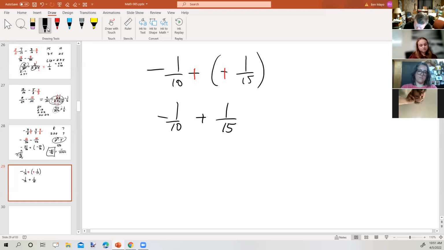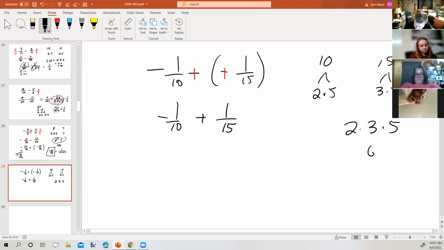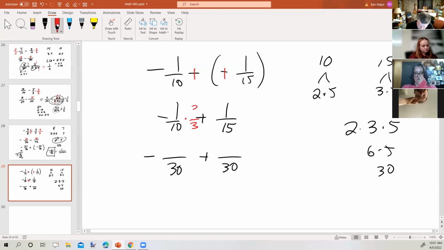All right. What's the common denominator? Well, 10 is 2 times 5, 15 is 3 times 5. I need a 2, I need a 3, and I need a 5. So my least common denominator is 30. I'm going to multiply 1/10, or -1/10, by 3/3, so it becomes -3/30.